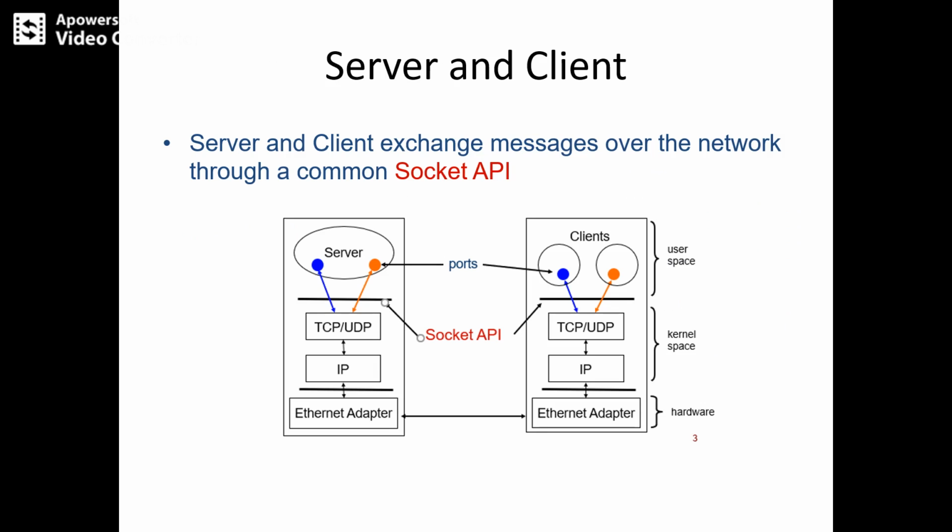So here we have the server and the client. The server and client always exchange messages over the network through a common socket application programmer interface, that is the socket API.